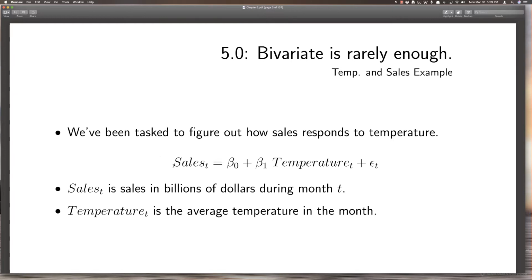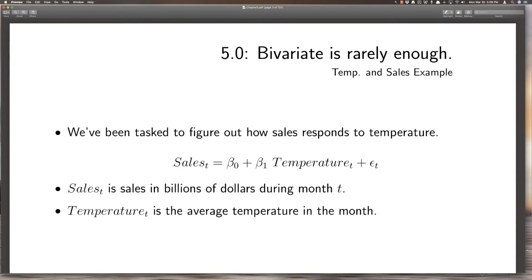Your dependent variable is the sales in billions of dollars during month T. Notice that the subscript here is a T. That indicates that the unit of analysis, the rows in our data set, are time periods, months. T is for time period. The independent variable is temperature, the average temperature in a given month. So we're going to see how a 1 unit increase in the average temperature in a given month affects sales in that month.